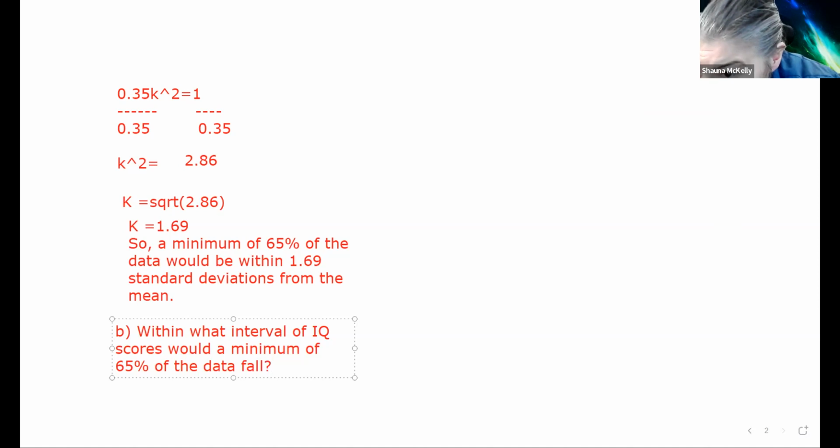So we figured out what K is, but now I want to know what that IQ score would be. Well, let's recall, because that was a couple of screens ago.